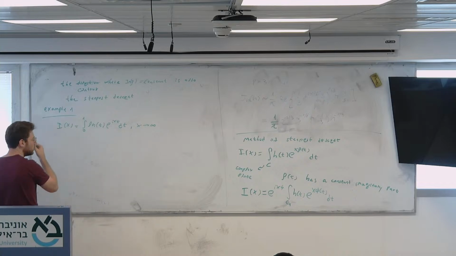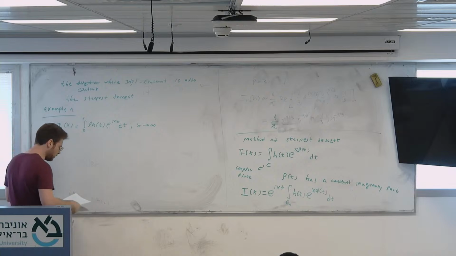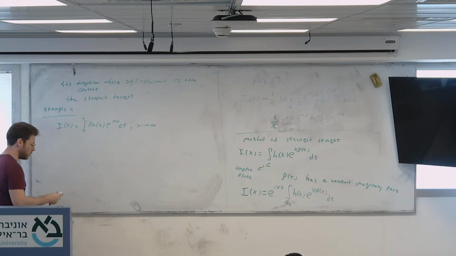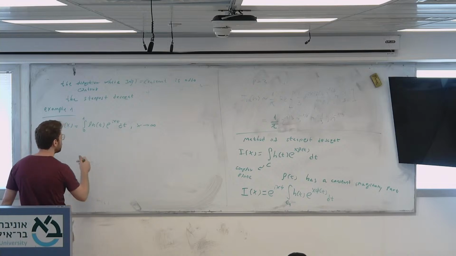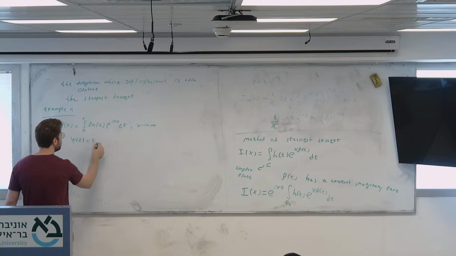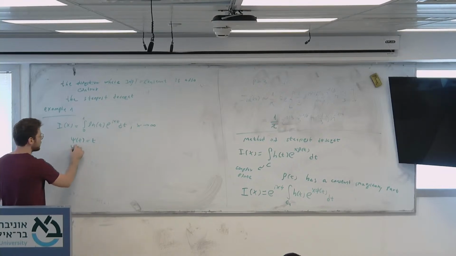If you want to use the previous method we showed with the stationary points, we can see that there is no stationary point. The function phi of t is t, so the derivative is just 1.